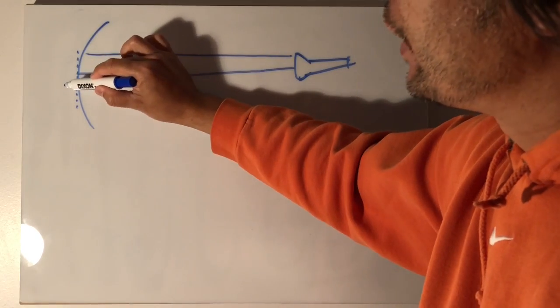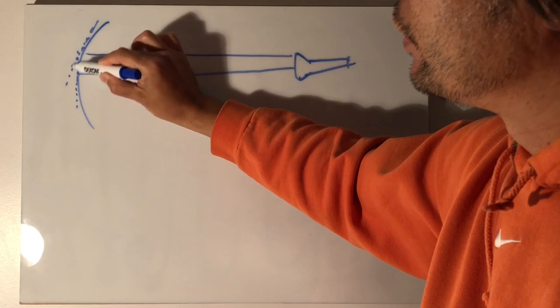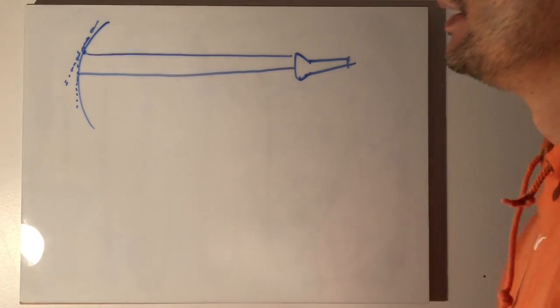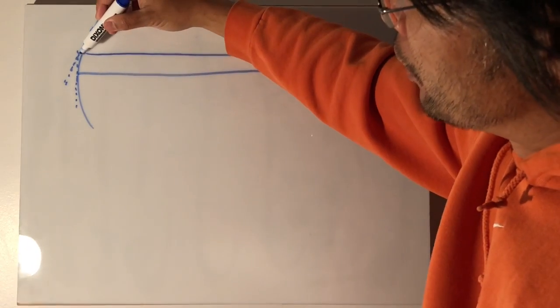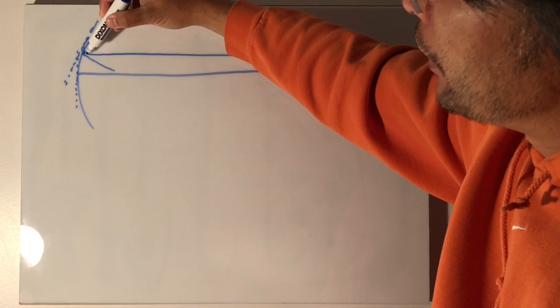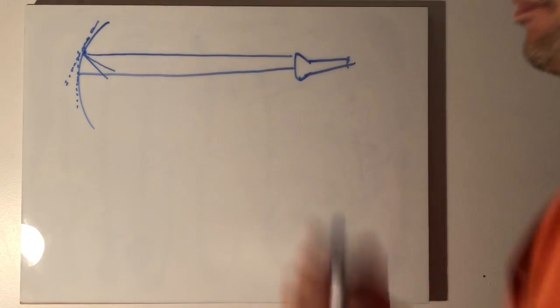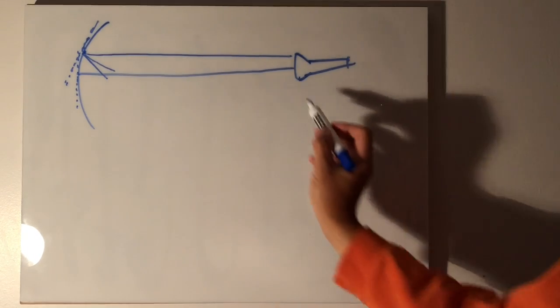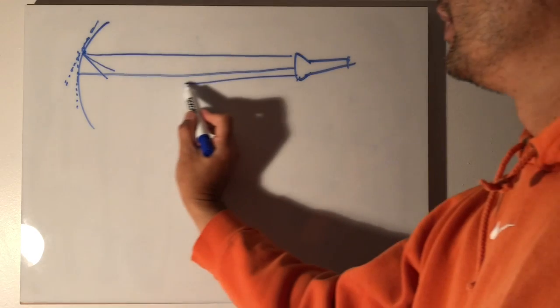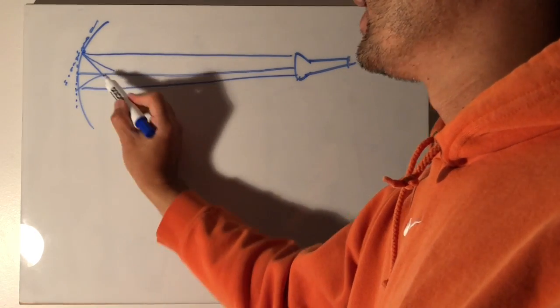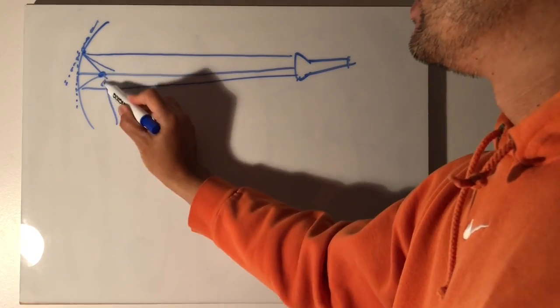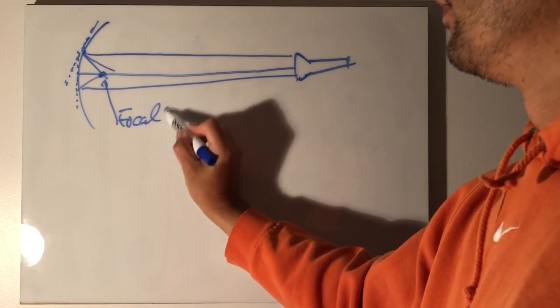Here, if I draw the tangent to the circle at that point, here's a normal, it is now coming in at this angle, which means it's going to bounce back out at that angle. Down here, it will bounce back out at that angle. They will all meet at the focal point.